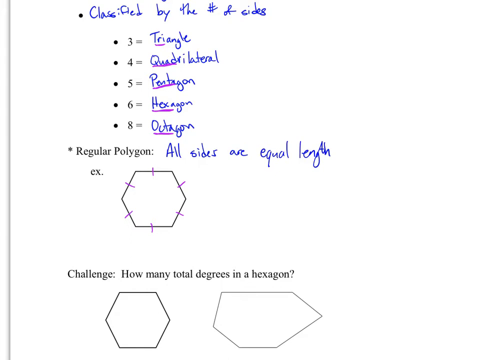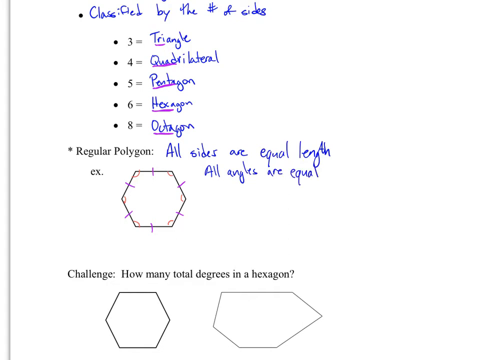There's another thing true about this. If all sides are equal, all angles are going to be equal, which could be represented by the angle marks. We have to add one more phrase here: all angles are equal.